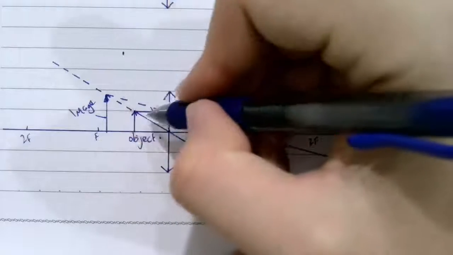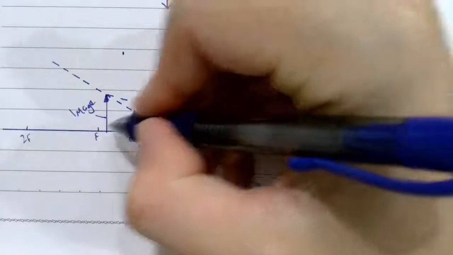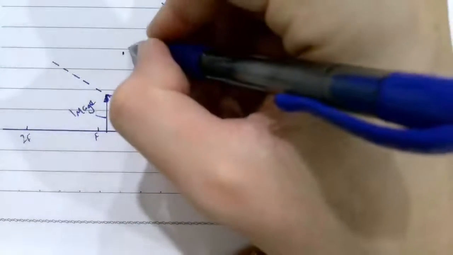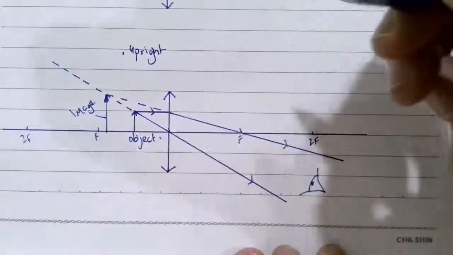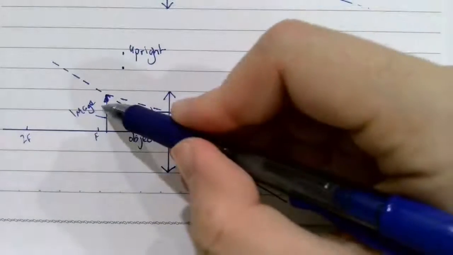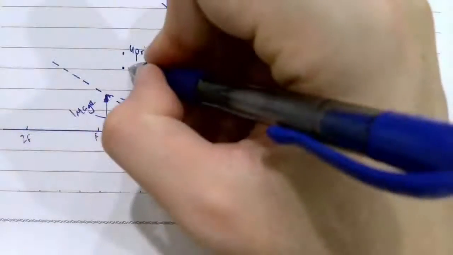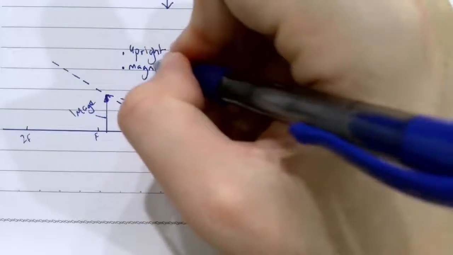Now you'll see that my object is pointing up from the axis, my image is also pointing up from the axis, so it is upright, it is not inverted. Secondly, we can see that the image is bigger, so it is magnified.